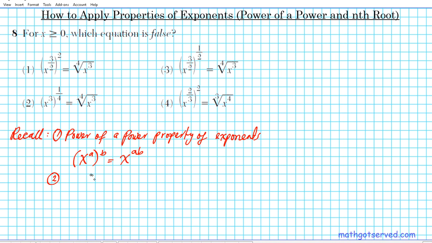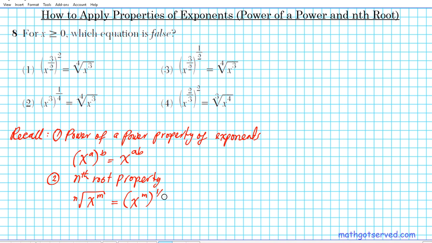Number 2 is the nth root property. If you have the nth root of a power, let's say the nth root of x to the m, this can be written as a rational exponent, namely x to the m raised to the 1 over n.